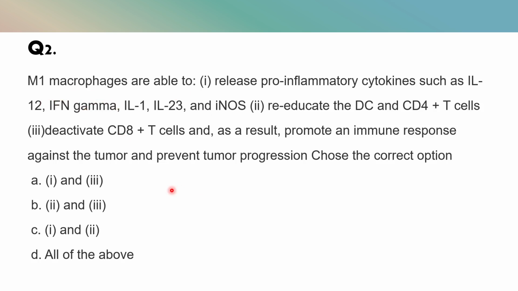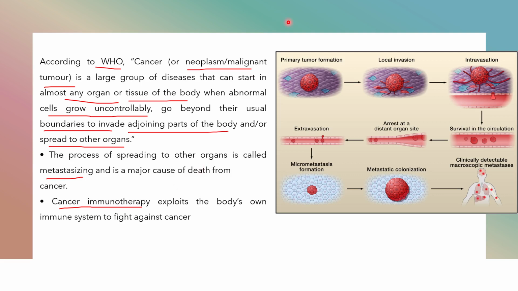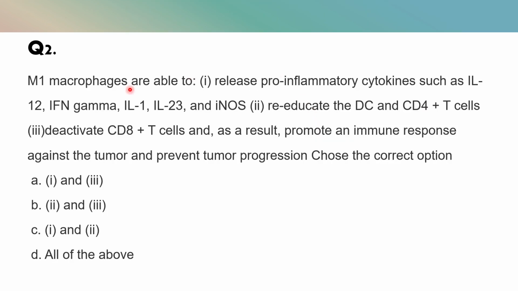M1 macrophages are able to... Earlier we were talking about macrophages and T cells in the tumor microenvironment. The associated cells outside the tumor, including the tumor cells, are called the tumor microenvironment. Macrophages mature into two subtypes, M1 and M2.